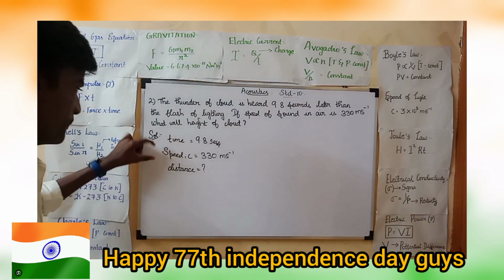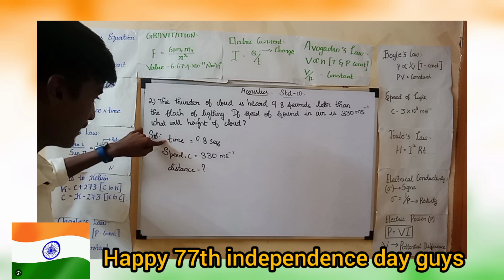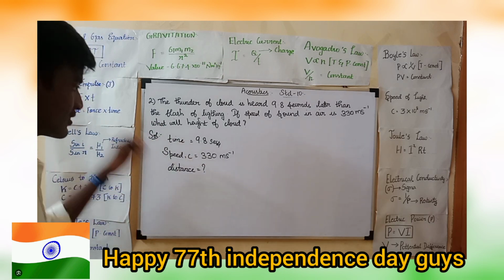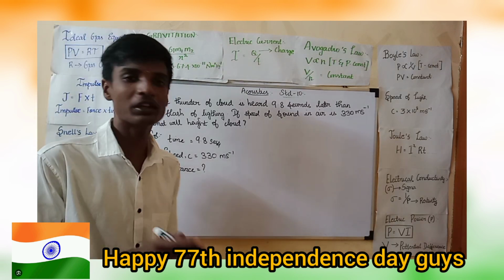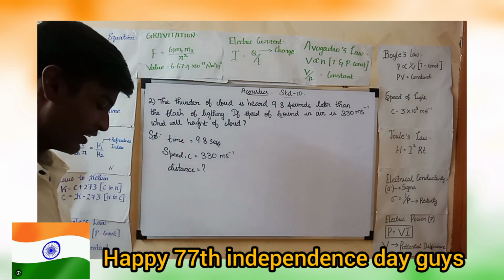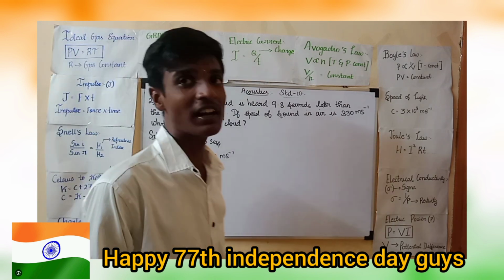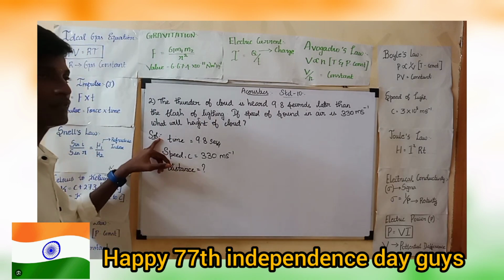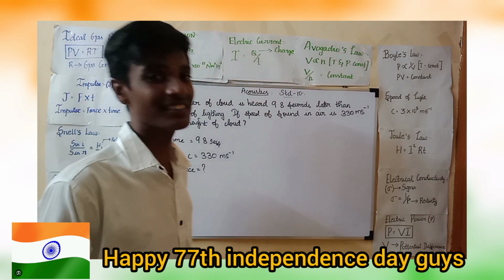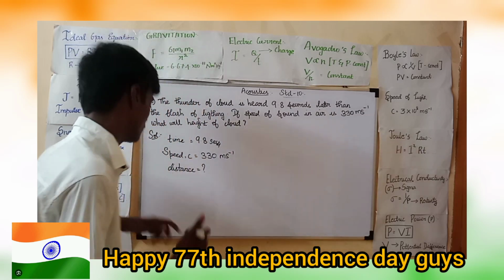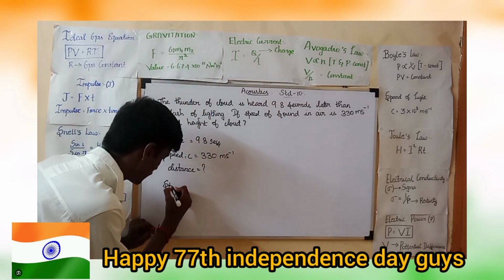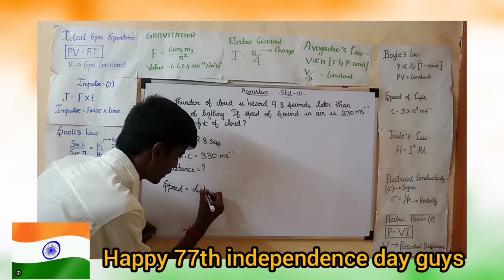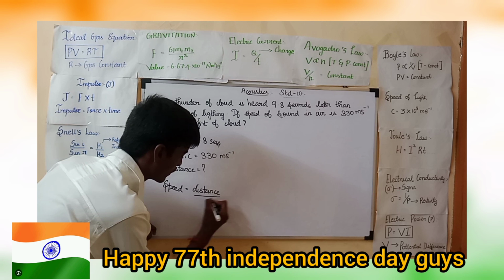Here speed is given, time is given, and we are going to find the distance. We know a major formula, that is the speed formula. From primary education we have studied that speed equal to distance by time.